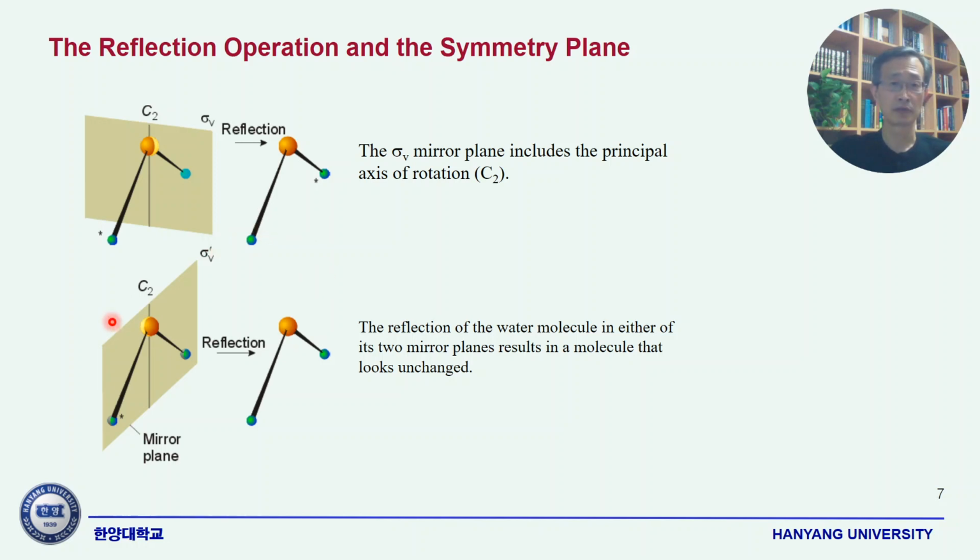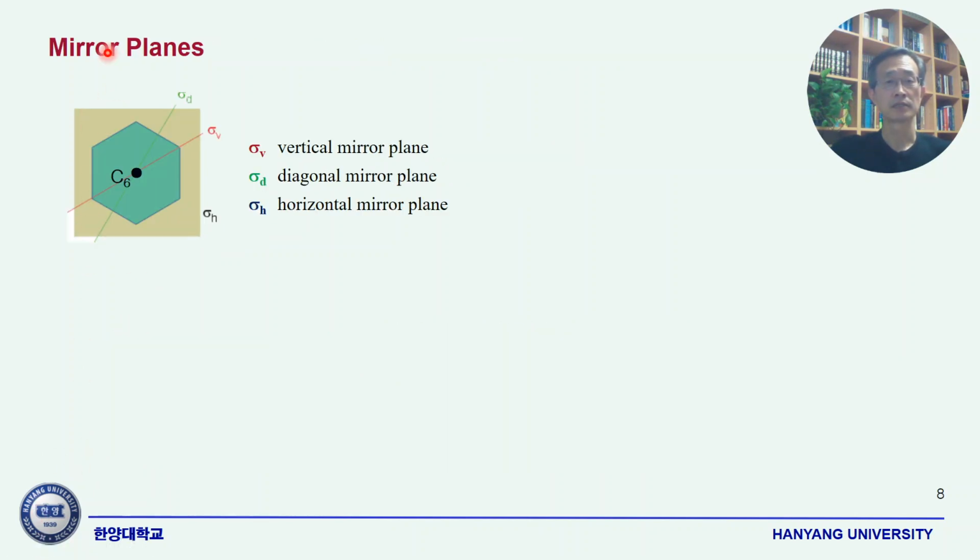If we reflect against sigma V prime, there is no change in the position of the atoms. That still remains here. So that is sigma V prime reflection. It looks unchanged. So basically we looked at the sigma V vertical mirror planes, and there are three different mirror planes.